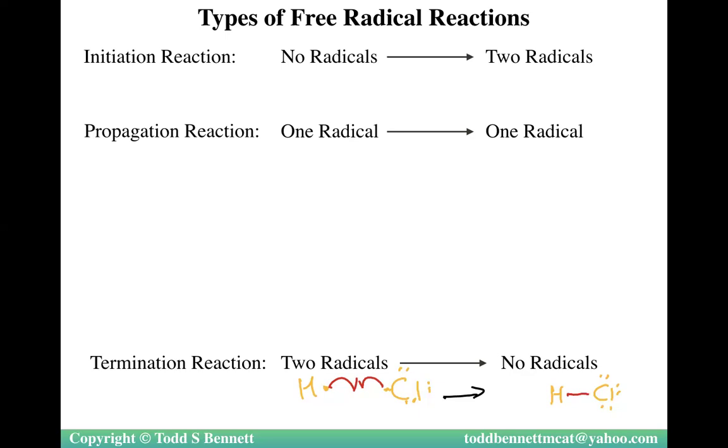So two free radicals, the H and the Cl, combine to form no free radicals, meaning you terminate the existence of free radicals that way. So three basic reactions: initiation, where you generate two radicals; termination, where you get rid of two radicals; and propagation, where you just break even. One free radical turns into a different free radical.